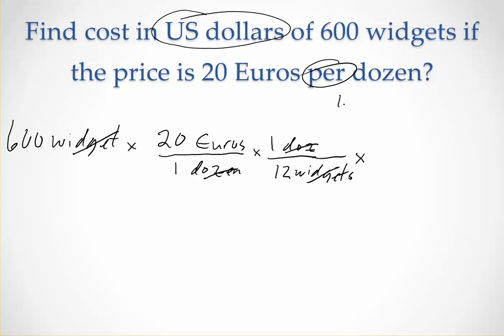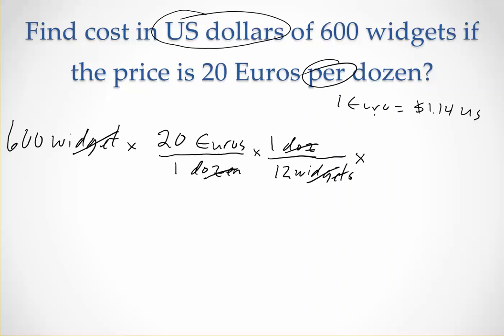So I found 1 euro equals $1.14 US. And you put the US so that you're confirming that people understand that the final unit is currency, as in United States currency.